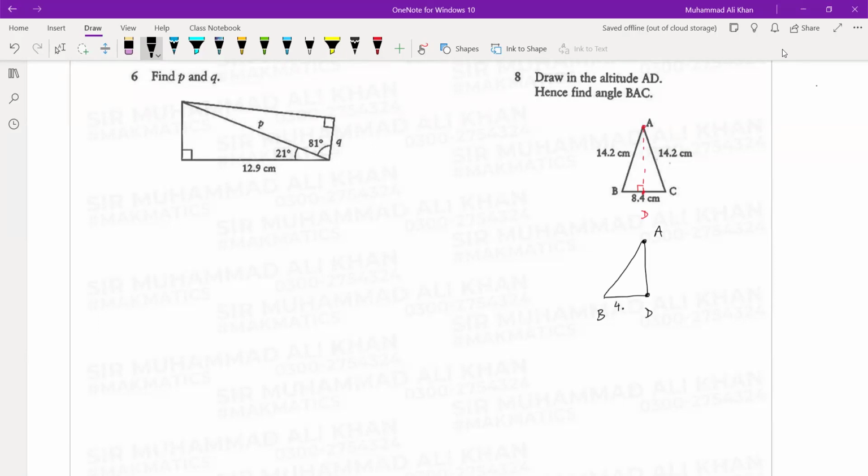It is 4.2. And what is this length? 14.2.